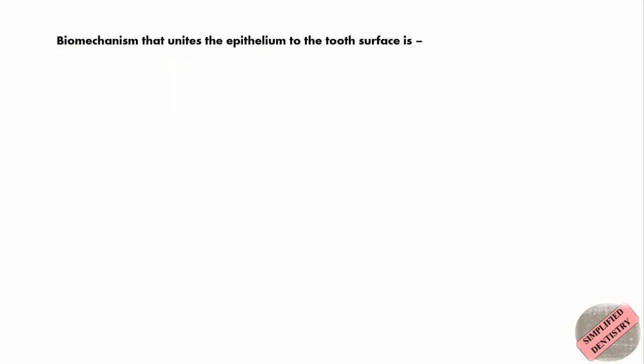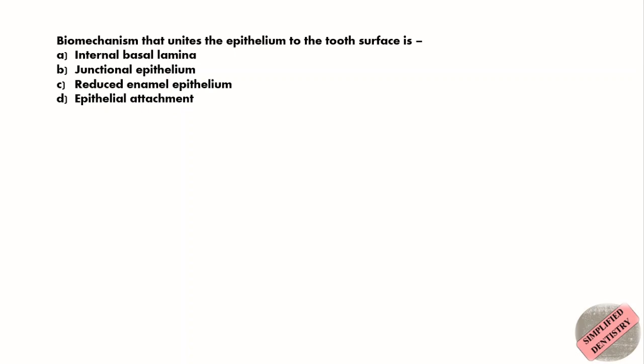Now the next question is, biomechanism that unites the epithelium to the tooth surface is option A, internal basal lamina, option B, junctional epithelium, option C, reduced enamel epithelium, and option D, epithelial attachment.